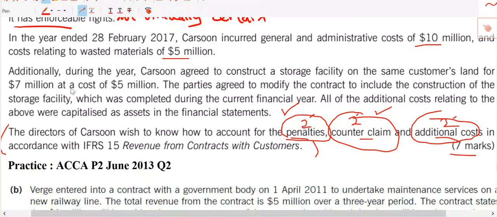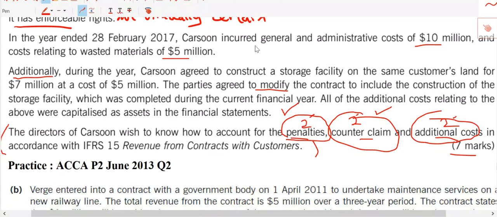Let's read further. Additionally, during the year, we agreed to construct a storage facility on the same customer land for $7 million revenue and the cost of construction 5 million. So the parties agreed to modify the contract to include the construction of the storage facility, which was completed during the current financial year. Okay, so this is totally a different case then.